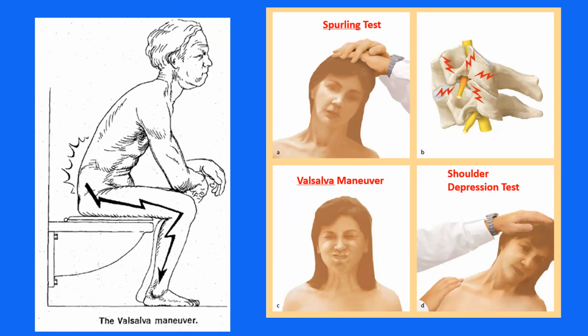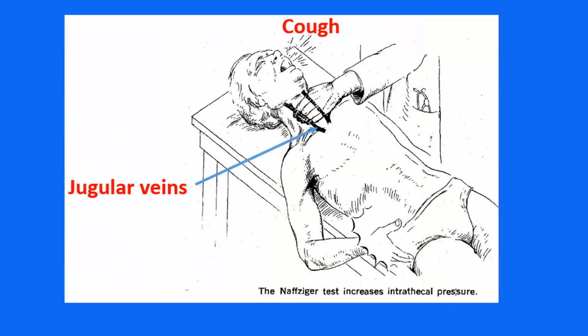Over the lowered, which is C, and on stretching the neck, the patient might have pain secondary to further pressure. You have to know what the Nafziger test is. The Nafziger test is when you apply pressure on the jugular veins.